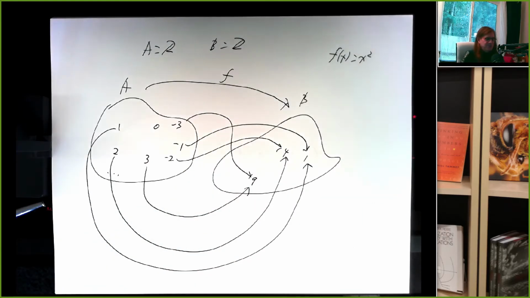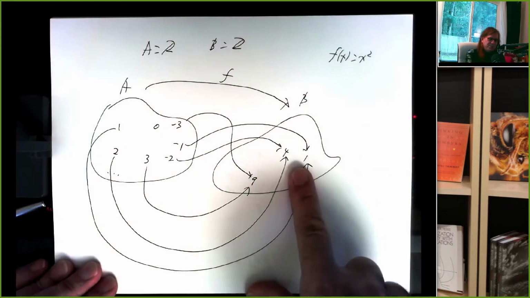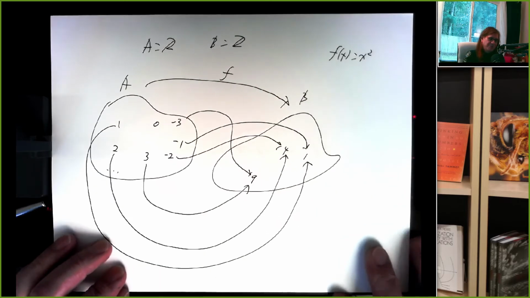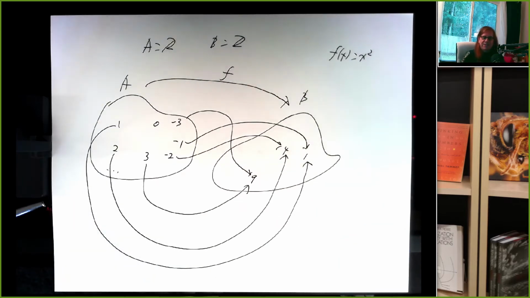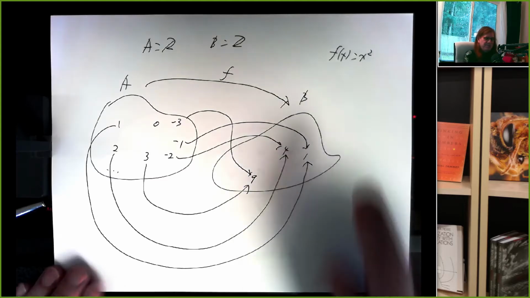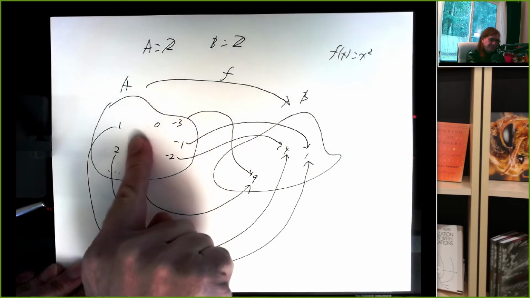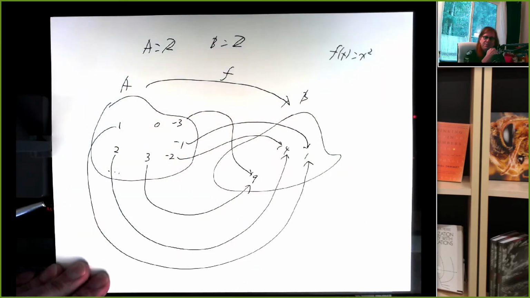But we can also define this function simply by stating what each element here maps to over there. We forget about math, forget about exponents and algebra and all that stuff. We can define this function just by listing what each element in here maps to over there.